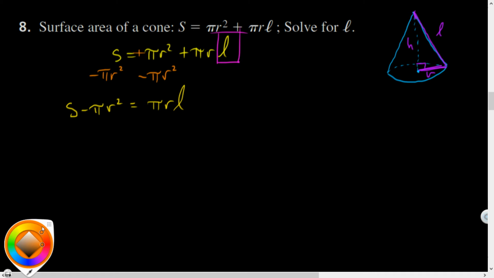All right. L is being multiplied by pi r. So how could I get rid of the pi r? Pi r is just some number now. If this was 8L, what would I do to both sides to get rid of the 8?